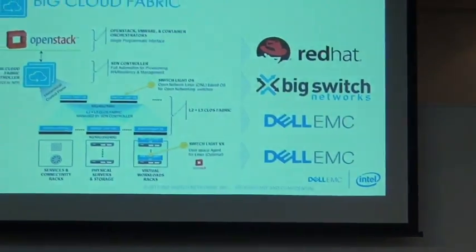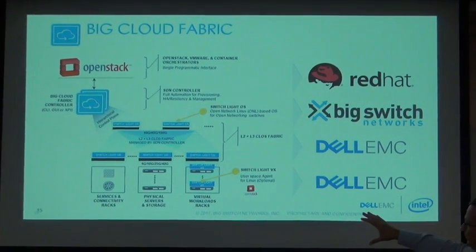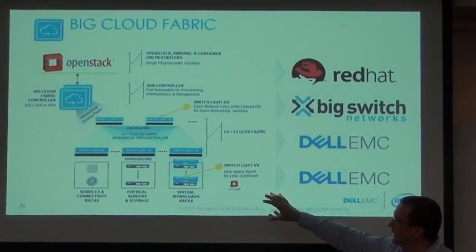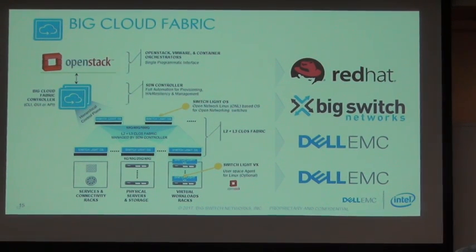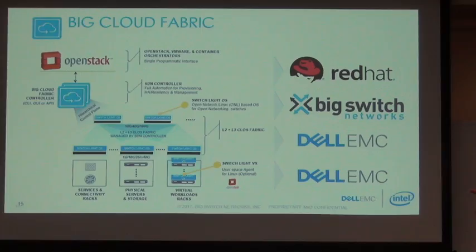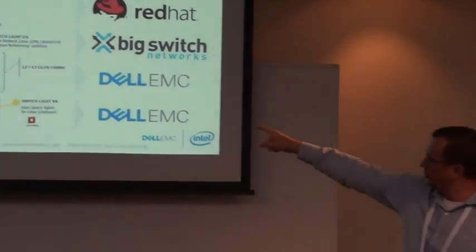The base of it all is always the fabric. The fabric running on both a physical switch or a virtual switch. And the fabric is being managed by a controller called the Big Switch controller. You will see the Big Cloud Fabric controller on the left-hand side. Basically, you'll have the full idea of a software-defined enclosure.